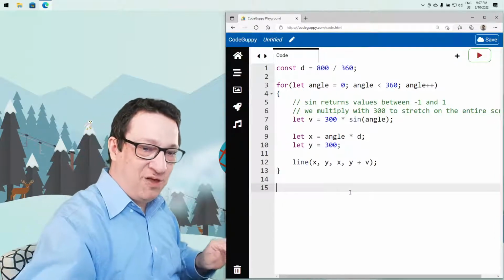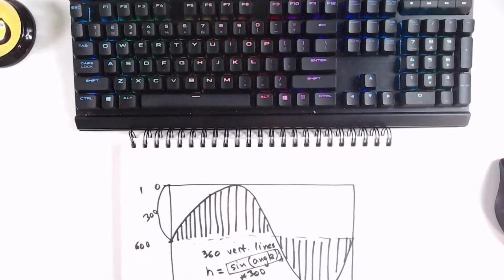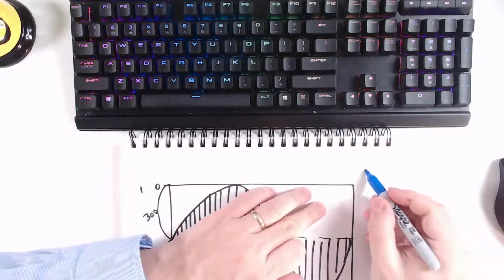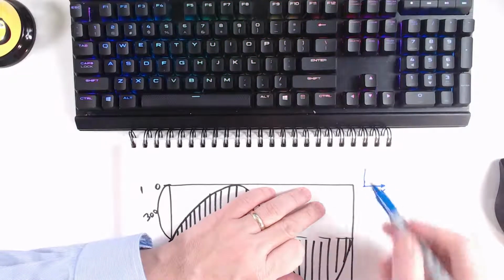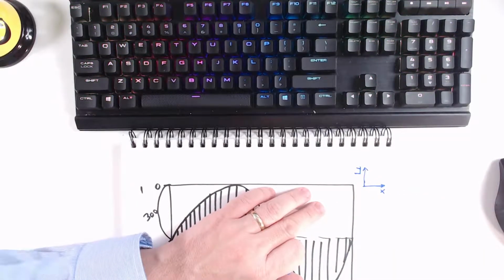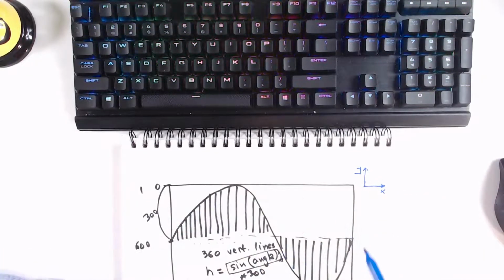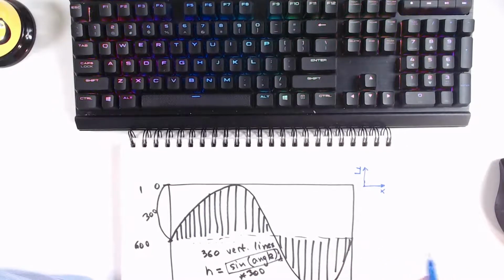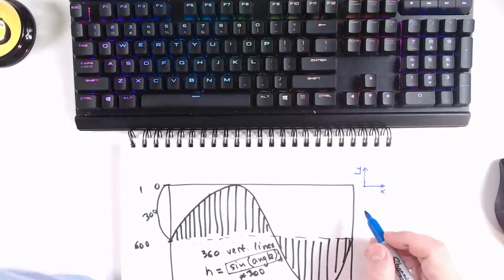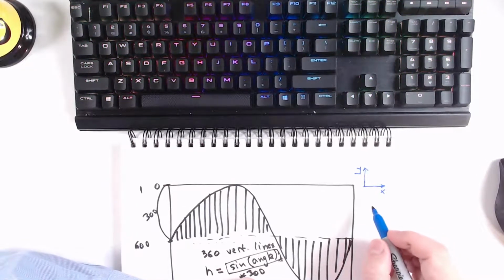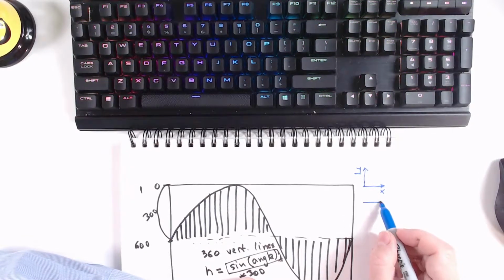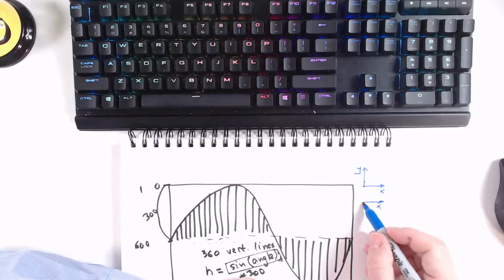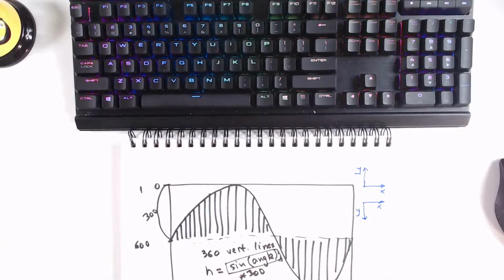In math, the regular Cartesian system has x going to the right and y goes up, right? In our system and on computers, not only in CodeGuppy but in virtually all graphical environments, or most of them, x is still going like that, which is fine, but y goes down, right?